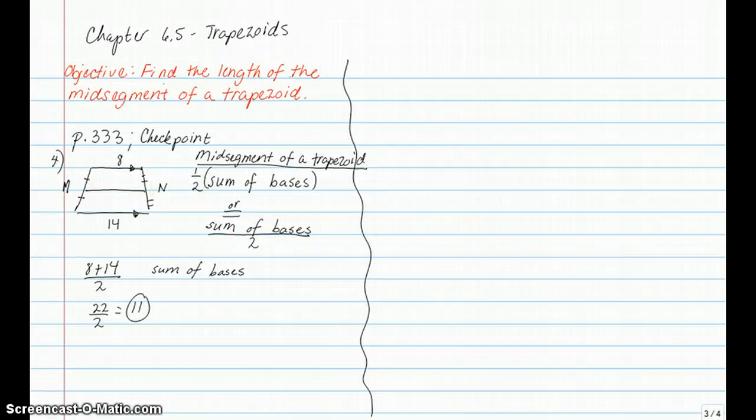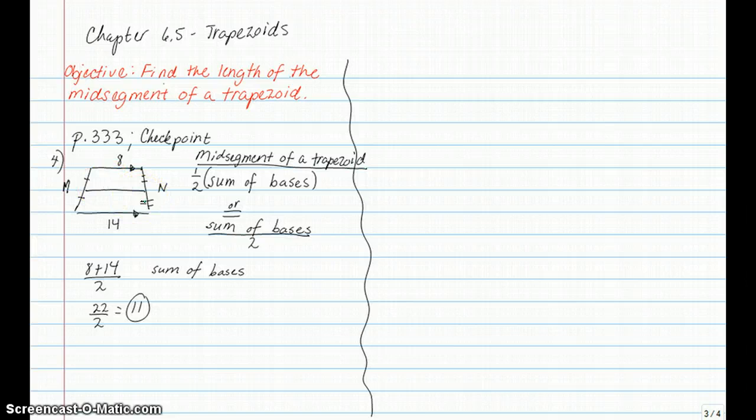On number 4, at the bottom of page 333, you have a trapezoid that could be isosceles, but does not have to be. We have our two legs. We have one base that is 14, another base that is 8. Please note that they are parallel. The bases are always parallel. The legs are the non-parallel sides.